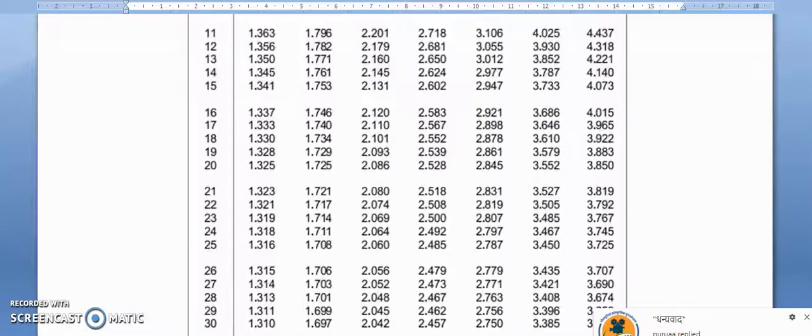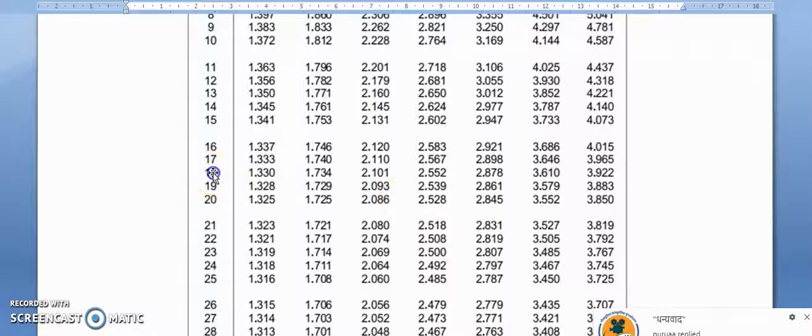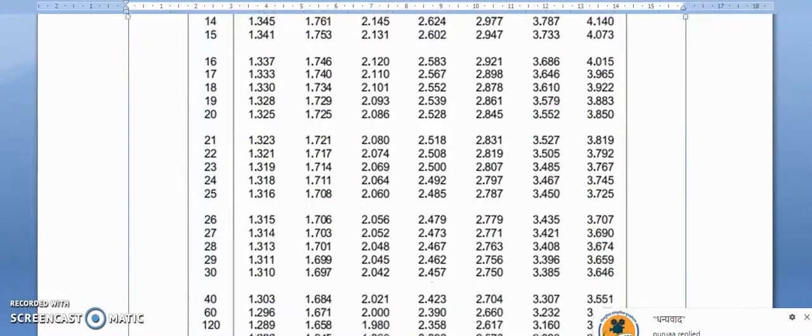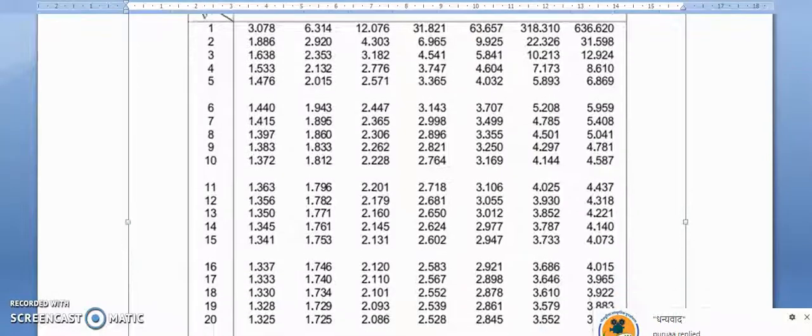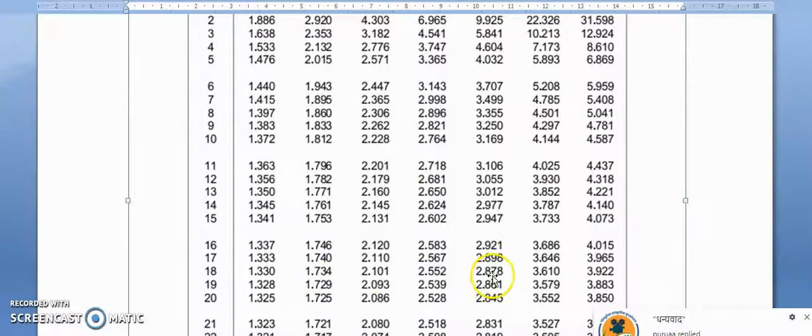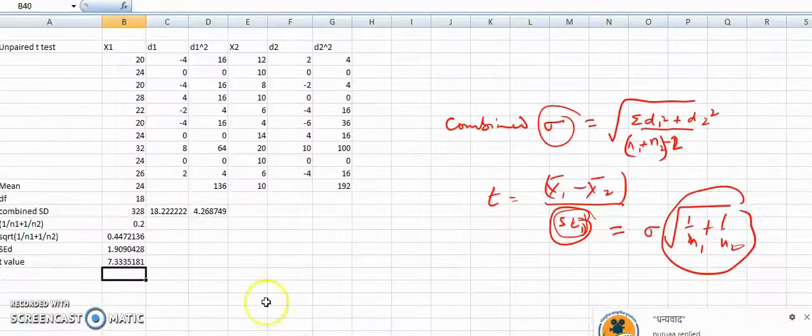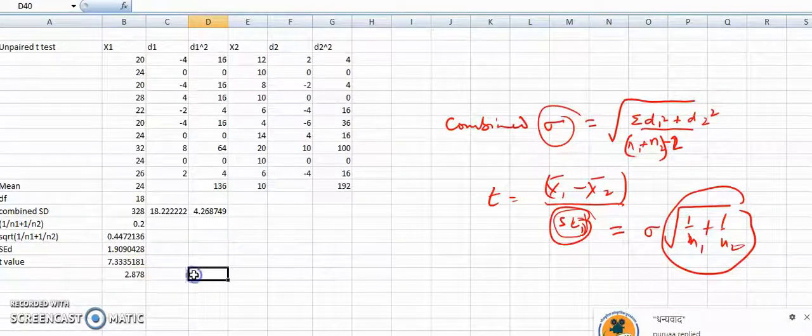So in a t distribution table, you can see that at degree of freedom 18, and at 0.05, this column, the table value is 2.878. So the table value at this probability is 2.878, which is lesser than this value.